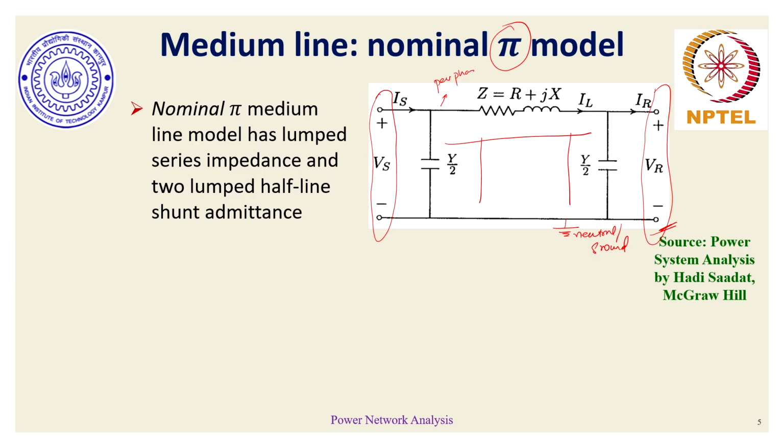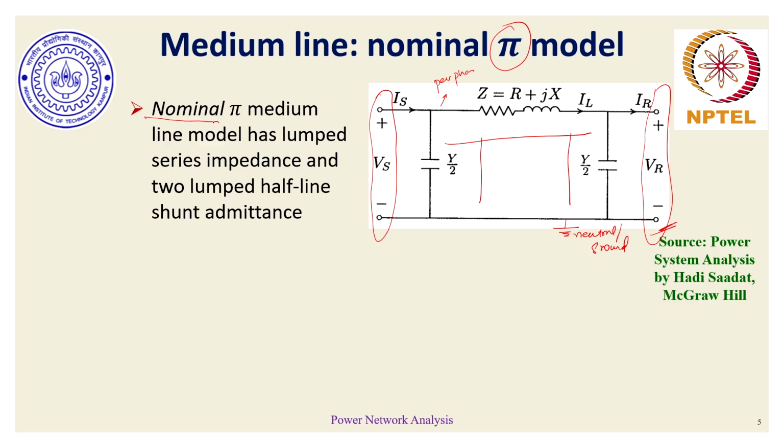Nominal pi model is the most common terminology for these pi models, and often the term nominal is not very clearly explained in regular textbooks. The reason the term nominal comes in is that it indicates that this model we are considering for a medium line is still not an exact representation of the actual line.